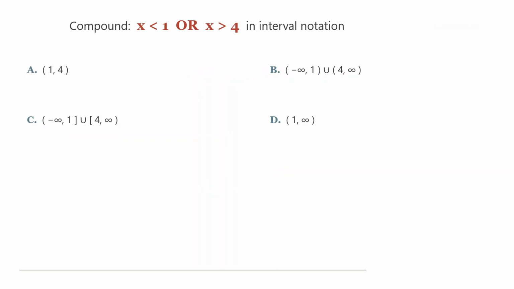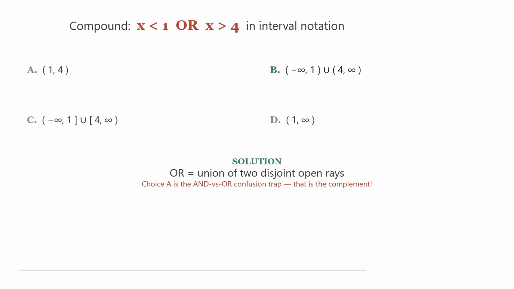Question 8. The compound x is less than 1 or x is greater than 4 in interval notation. Pause. The answer is the open interval from negative infinity to 1 union the open interval from 4 to infinity. Or means union, two disjoint open rays.